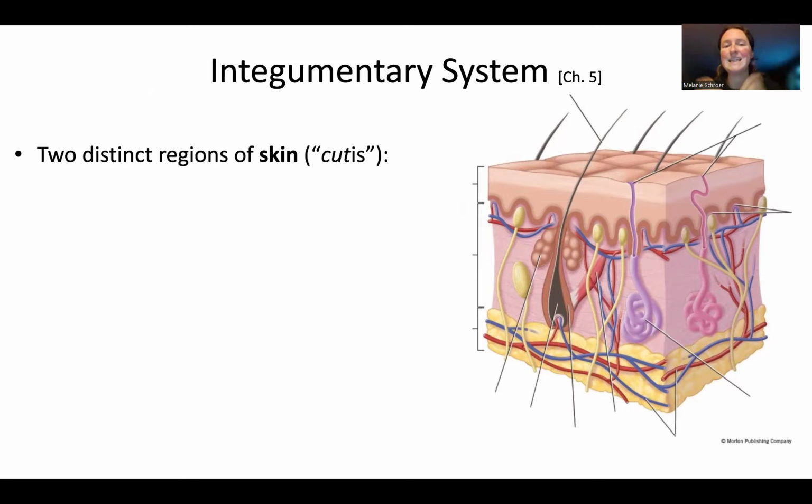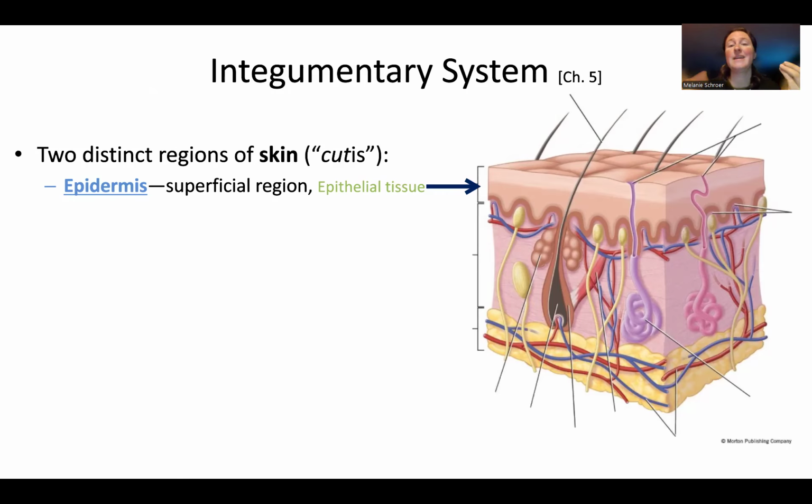Okay, so the skin itself, or the cutis, consists of the epidermis, the most superficial part. And so that's the structure, but then it is made of, right? T-shirt is made of cotton. Here, the epidermis is made of epithelial tissue. We see epi twice here.